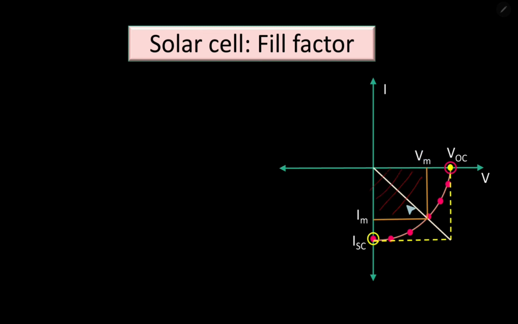So this area gives us the maximum power. This is what we actually obtain, and this is what we are supposed to obtain by using theoretical calculation, and their ratio gives us the value for fill factor.